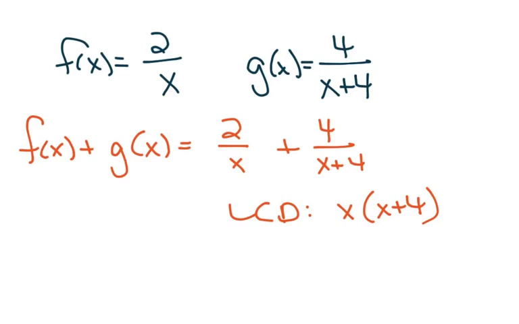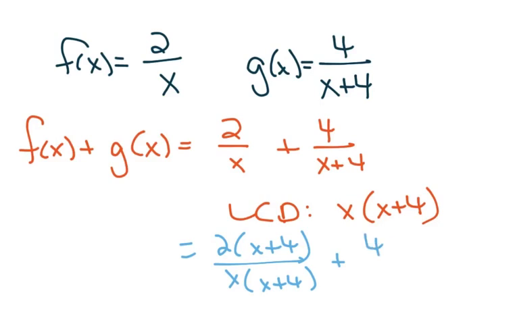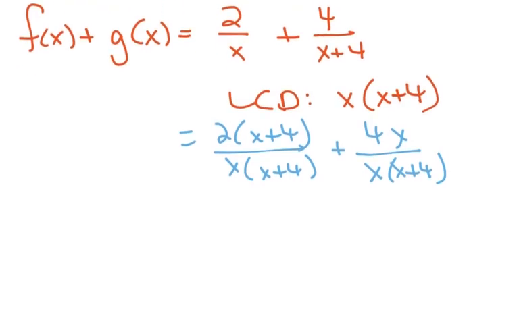So if I need the common denominator to be x plus 4, then the first fraction needs an x plus 4, and I tack that onto both the numerator and the denominator. And the second fraction needs an x. And so I give an x to the numerator and the denominator. You'll notice now that the denominators are the same.